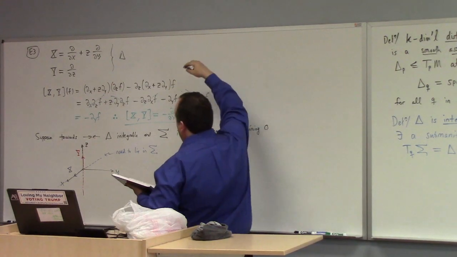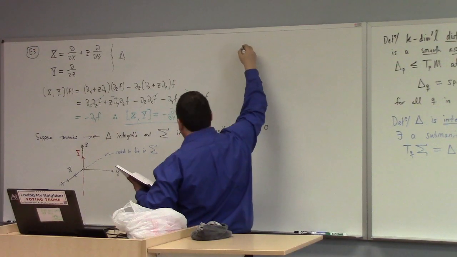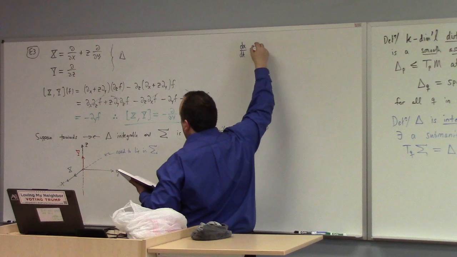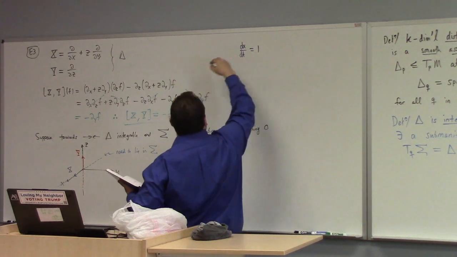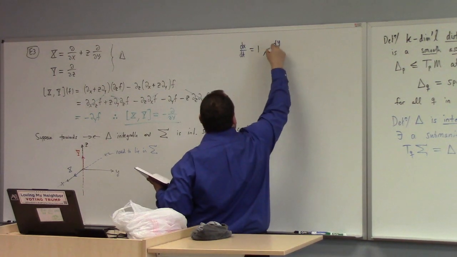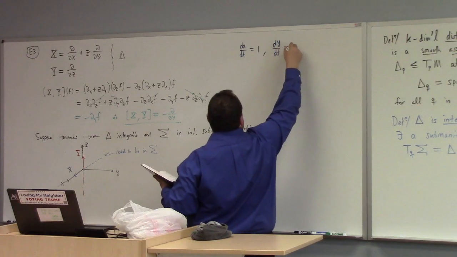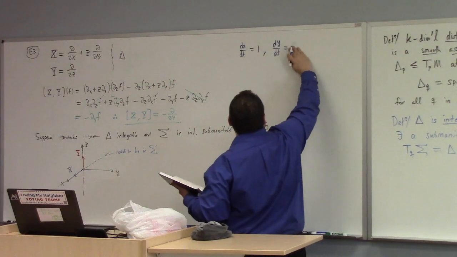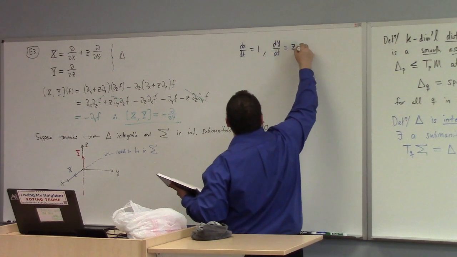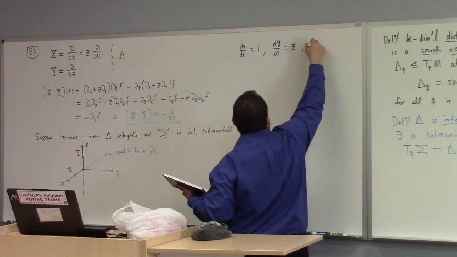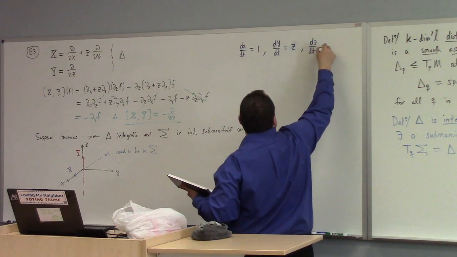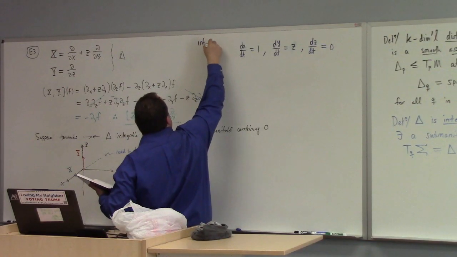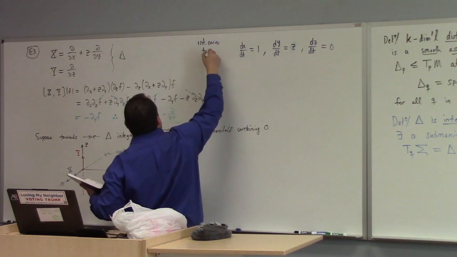You guys tell me, what differential equation would we be trying to solve? Are we trying to solve dx/dt equals what? 1. From that, dy/dt is equal to 0. Oh, my bad, dy/dt equal to what? z. Good. And dz/dt equals 0. So this is for the integral curves to x.